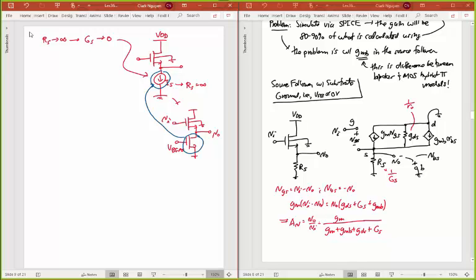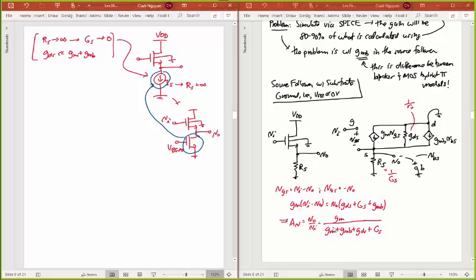You take RS to infinity here, which means GS goes to 0. The other thing we can see from this usually is that this is 1 over R naught. R naught is very big. So usually GDS is going to be much less than GM plus GMB that you have in the denominator of this gain equation that I have.